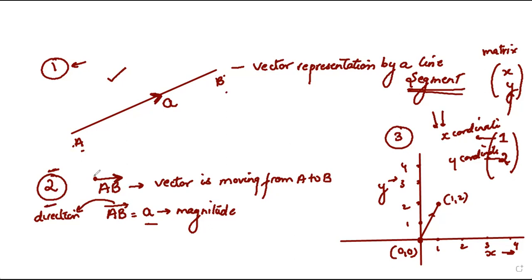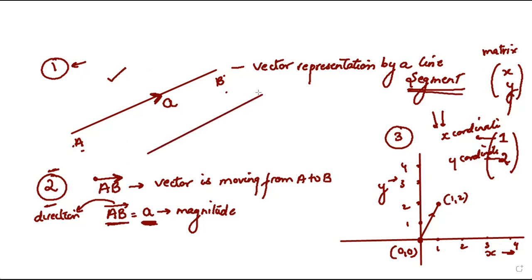That means the vector is moving from A to B. Same thing, the same line segment, I can write like this: the value of vector A to B is A. So the small letter a represents magnitude, whereas A to B represents its direction. There's an important thing, you can't do it like this. Suppose I reverse the direction.